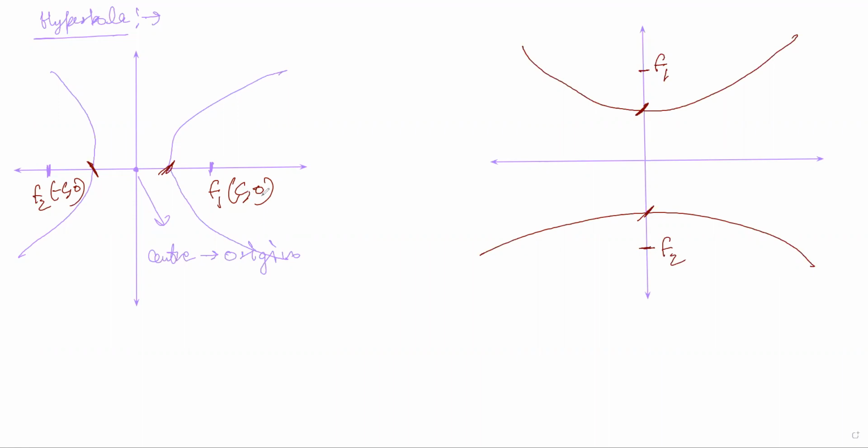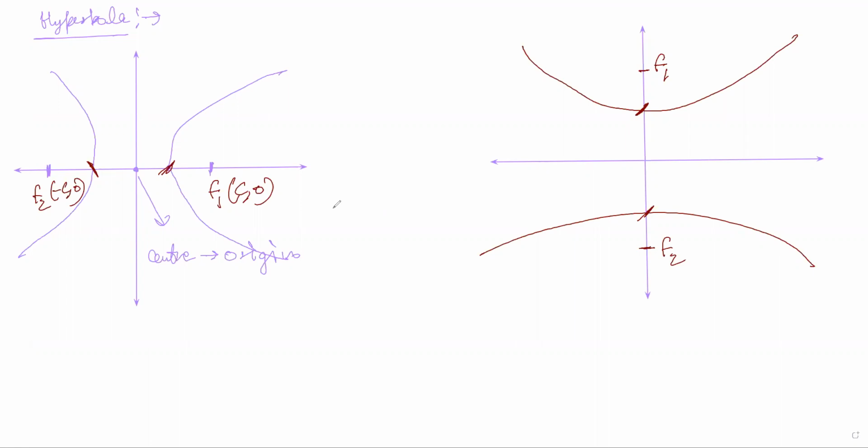But if I talk about axis in hyperbola, there are two types of axis. One is called transverse axis and another is called conjugate axis, right? Transverse axis and conjugate axis are similar to major axis and minor axis.